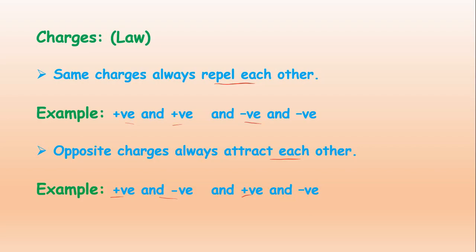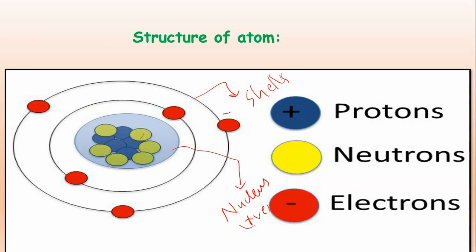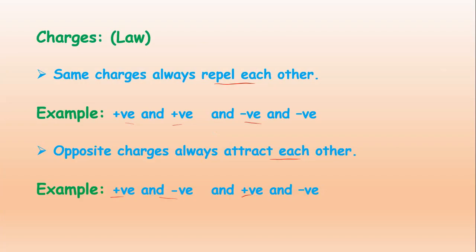So this is the same reason that electron is revolving around the nucleus, because electron has a negative charge and nucleus has the positive charge.